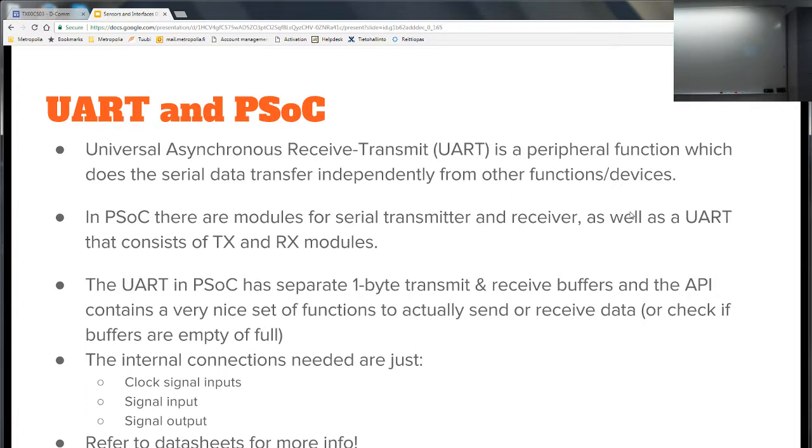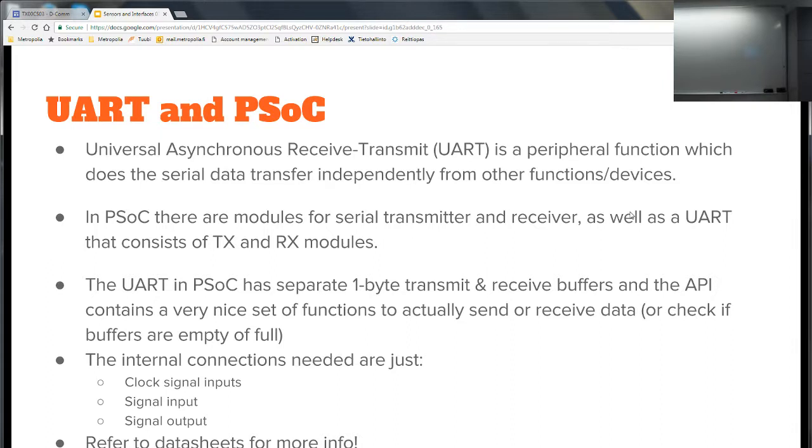For asynchronous data transmission, there's a term UART, which is a device which handles the asynchronous signals and sends and receives those.